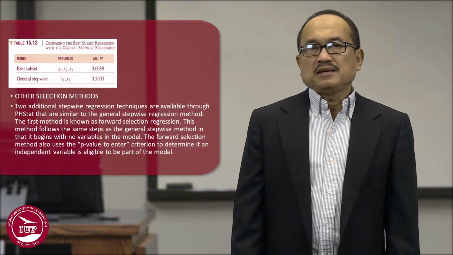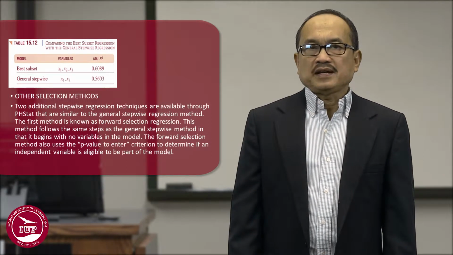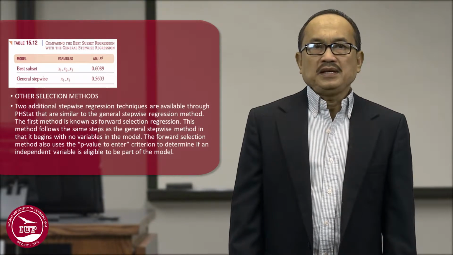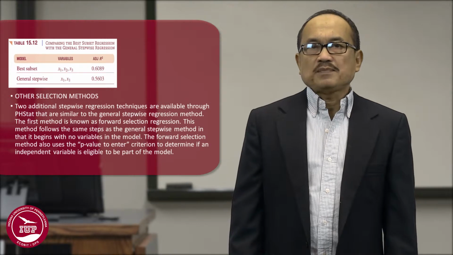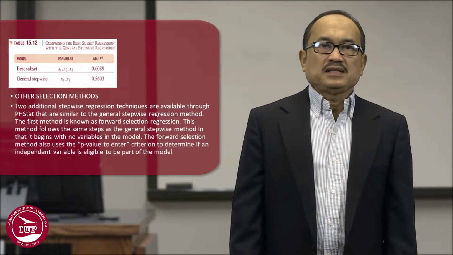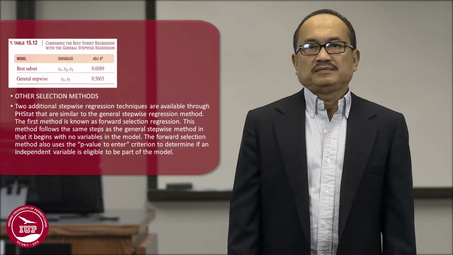Other selection methods. Two additional stepwise regression techniques are available through PA-STAT that are similar to the general stepwise regression method. The first method is known as forward selection regression.